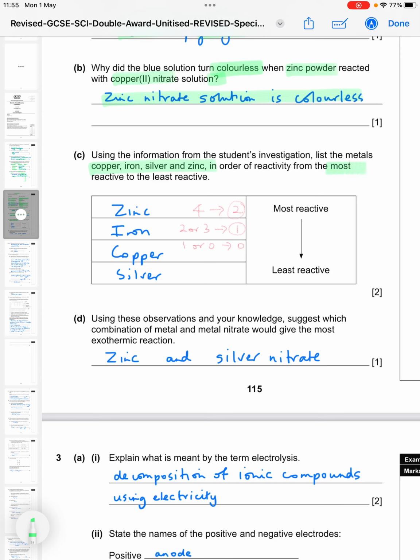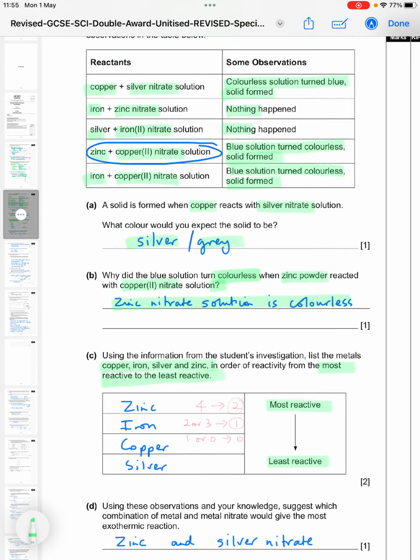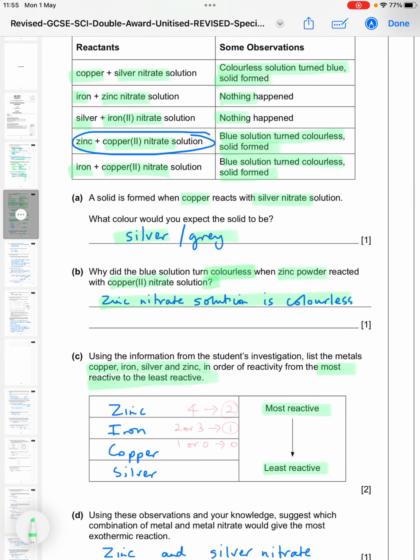Part C, using the information from the student's investigation, list the metals copper, iron, silver and zinc in order of reactivity from the most reactive to the least reactive. And you'll see here they've got most and least reactive in this table. So it's a matter of going back and looking at what has happened.